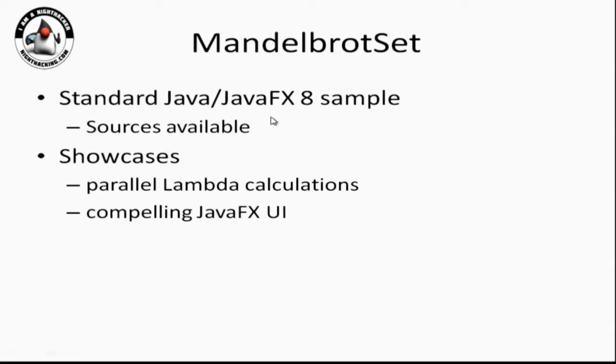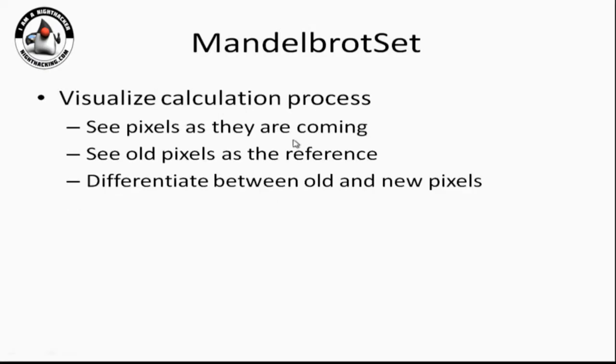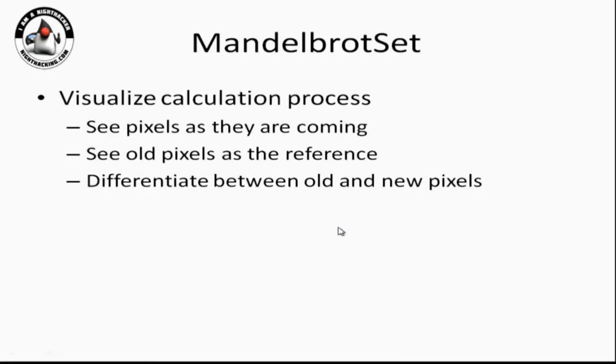So yeah, let's go back to the JavaFX application. Okay, so as I already said, the idea here was to visualize how the calculation is happening. So we wanted to see the pixels as they were coming. We wanted to see all pixels as a reference.